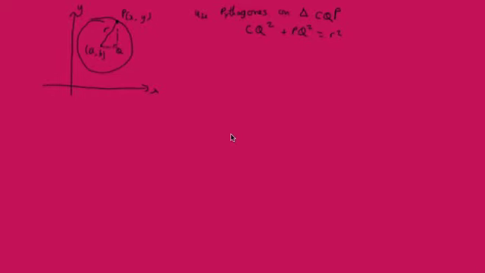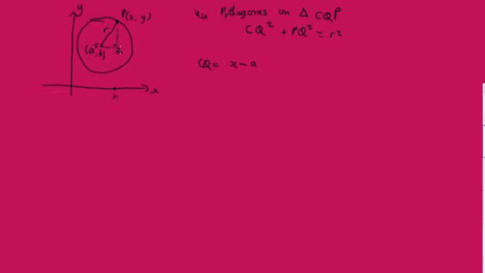Now we should have said this before. C is our centre here. Now CQ can be rewritten as x minus a. So point P is x, y, but Q is on the same x coordinate here.